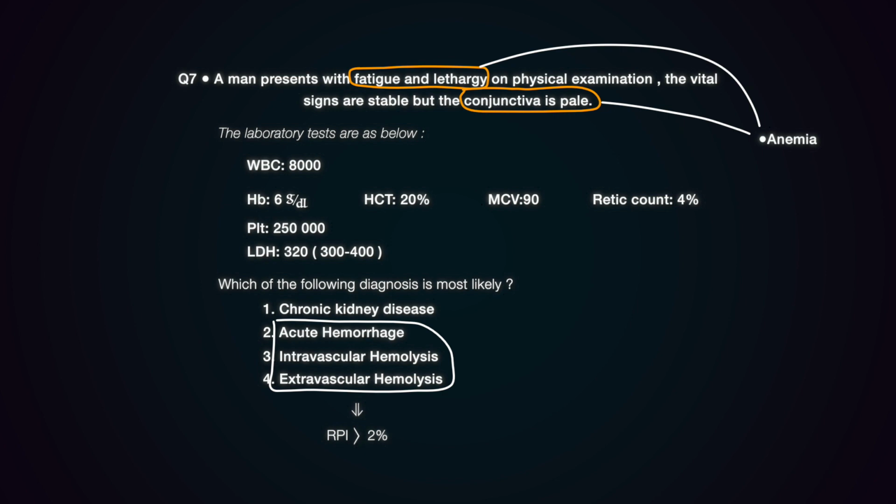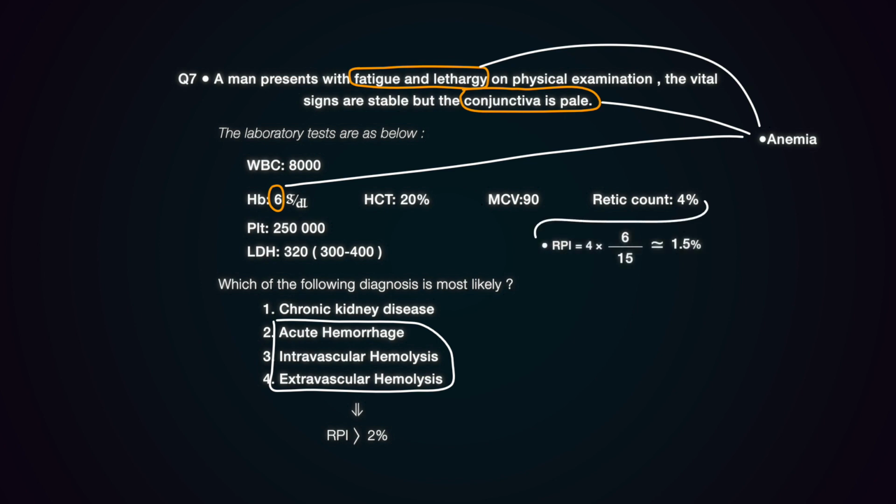We should calculate the reticulocyte production index by dividing 6, the patient's hemoglobin, by 15, a standard hemoglobin for men. As you know, a standard hemoglobin in men is between 14 and 16. Then multiply this fraction by the reticulocyte count. So the result is less than 2%.